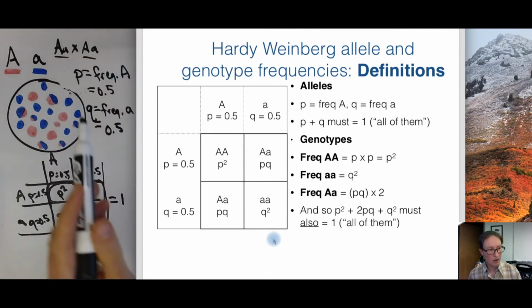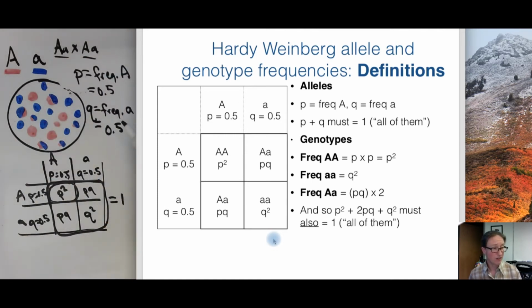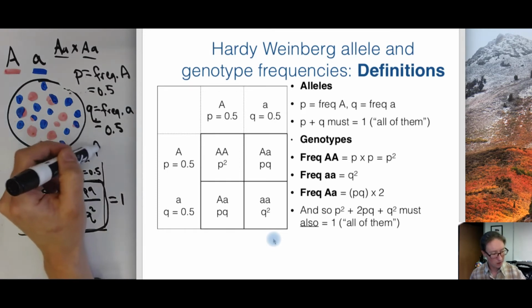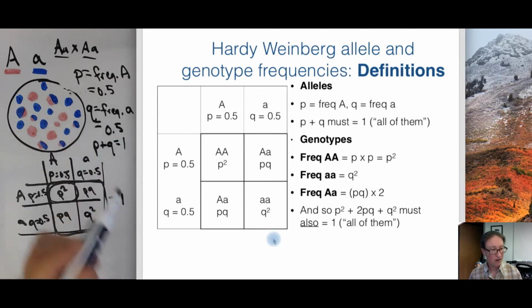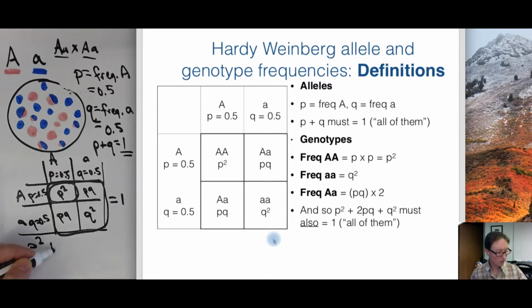If we're dealing with a population where there are two different alleles, then if you add the frequency of each of those alleles together, that should add up to 1. So P and Q together should always be equal to 1, all the alleles in the population. And similarly, if we add up all the genotype frequencies in the population, that's P squared plus 2PQ plus Q squared, a classic quadratic expansion, that will also be equal to 1, or all of them.